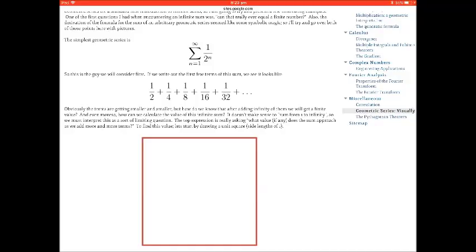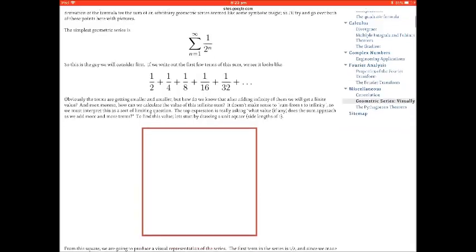If I look at the first few terms of this summation, for n equals 1 I get 1/2. For n equals 2, I get 1 on 2 squared, which is 1/4. I keep doing that for n equals 3, n equals 4, n equals 5.